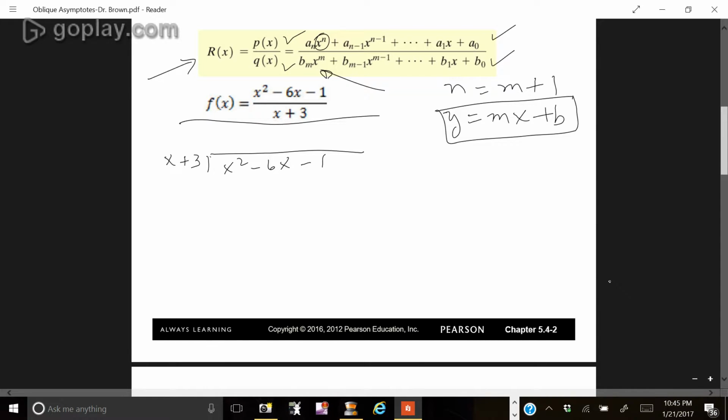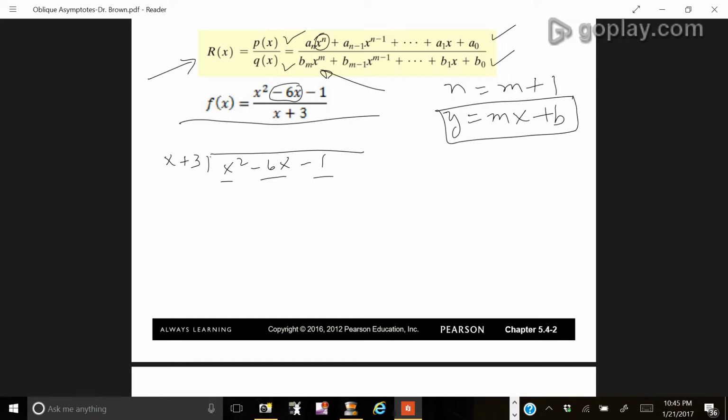By the way, if there had been no minus 6x here, we would have had to put 0 where the 6 is, because we have to fill in all the places for the x squared, for the x, and for the constant term. Now we're going to do a long division.